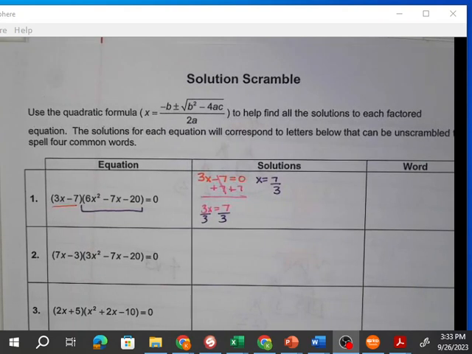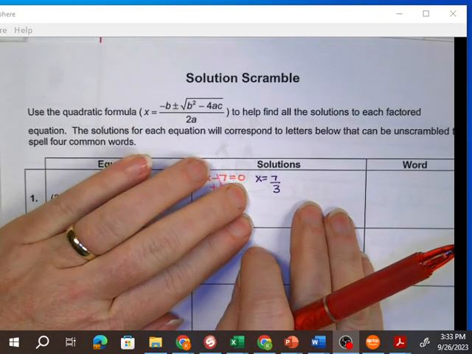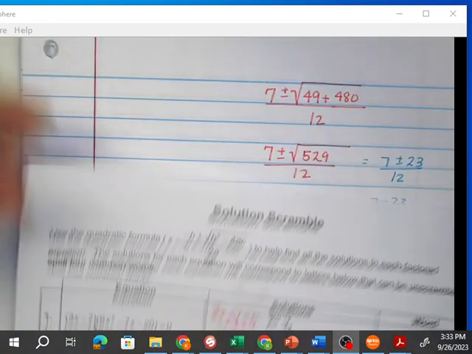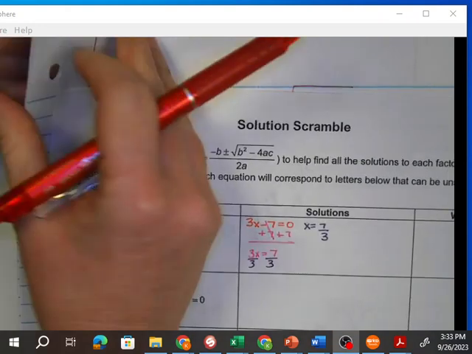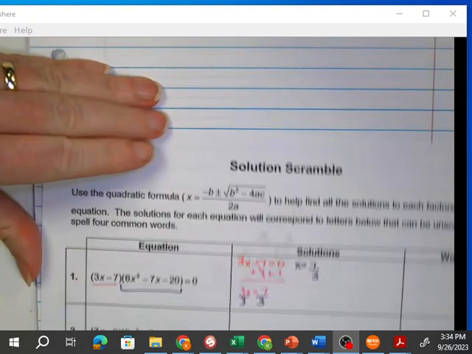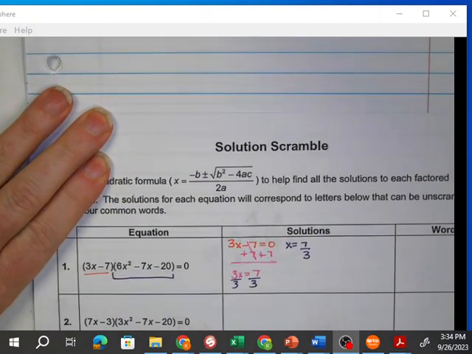So we need to plug into the quadratic formula. There's not a whole lot of room in this box, so that you guys can see what I'm doing, I'm going to do it on another page. This is my quadratic, the 6x squared minus 7x minus 20. I am plugging it into the quadratic formula.